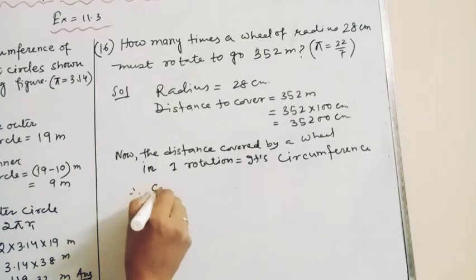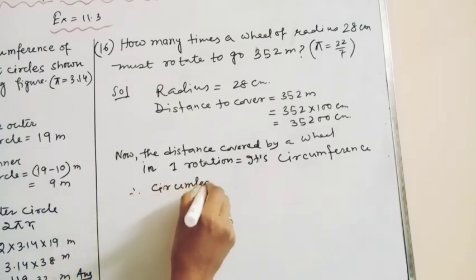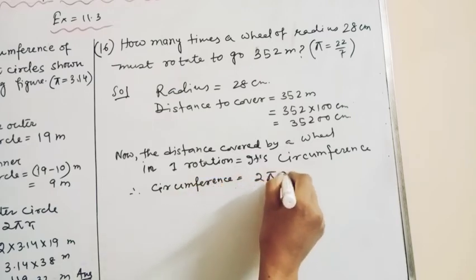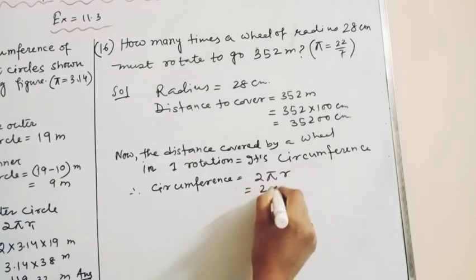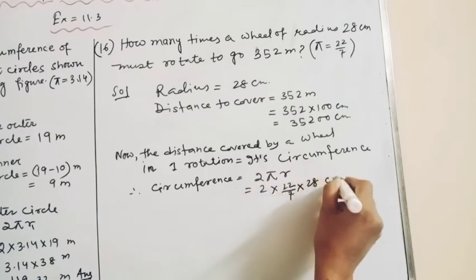Therefore, circumference is equal to 2 pi r. The value of pi is given as 22/7 and the radius is 28 centimeter.